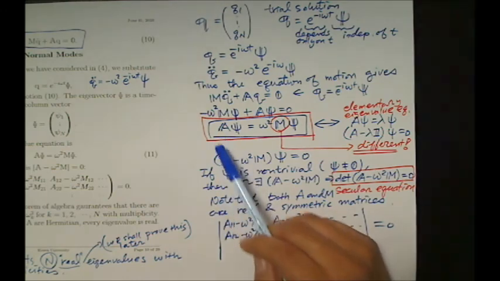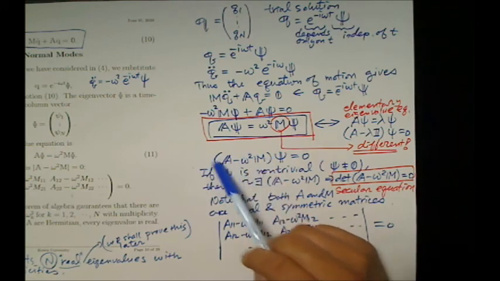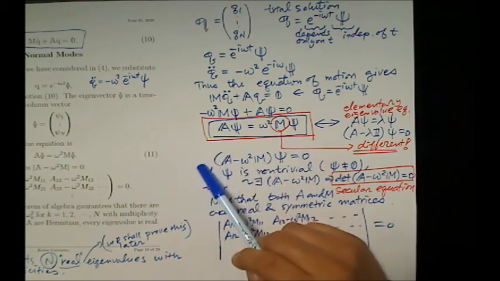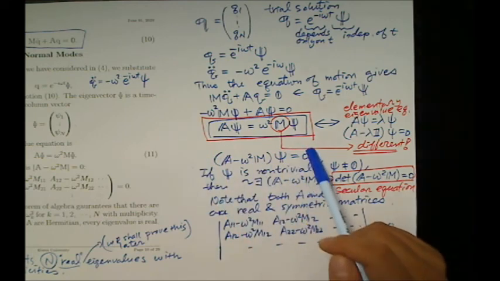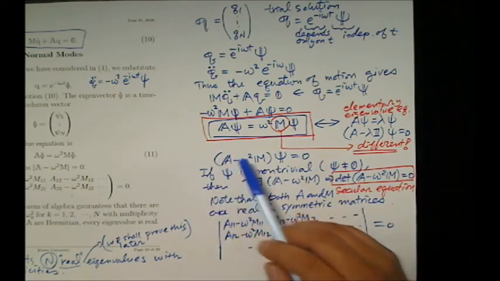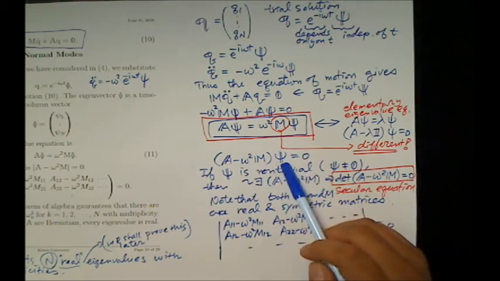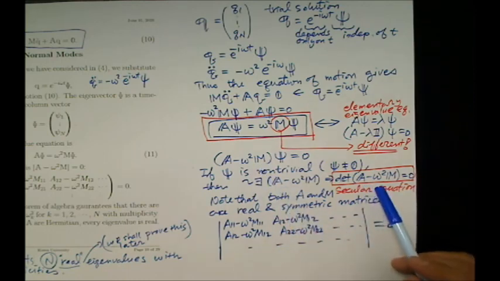So in case this matrix has an inverse, if we multiply the inverse to the left, then psi becomes the trivial solution, where all components are 0. But we are interested in the non-trivial solution. So if there exists a non-trivial solution, then this matrix must not be invertible. That means the determinant of this matrix should vanish.